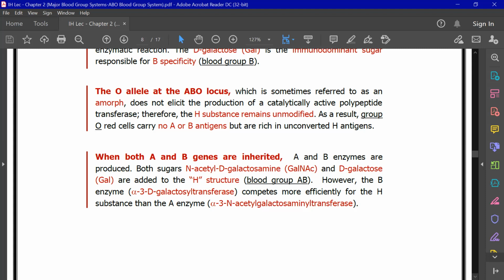We have your D-galactosyl transferase and the N-acetyl galactosaminyl transferase. And pagtatanungin ko kayo later on, what is or are the immunodominant sugars that confers for the specificity of those individuals having a blood type AB? Ang answer nyo would be 2 sugars. That would be your N-acetyl galactosamine and D-galactose. Kasi nga both A and B genes ang ating na-inherit. So dalawa din ang gene product at dalawa din ang magiging immunodominant sugar.